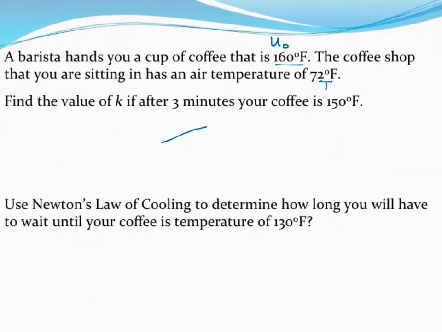To answer our first question then, they ask us to find K, that constant, if after 3 minutes, so there's our lowercase t for time, the temperature of our coffee has cooled off to 150 degrees. Well, that represents the U of t part, the final temperature in this case. So having all of those variables identified, let's go ahead and get those plugged into our equation.